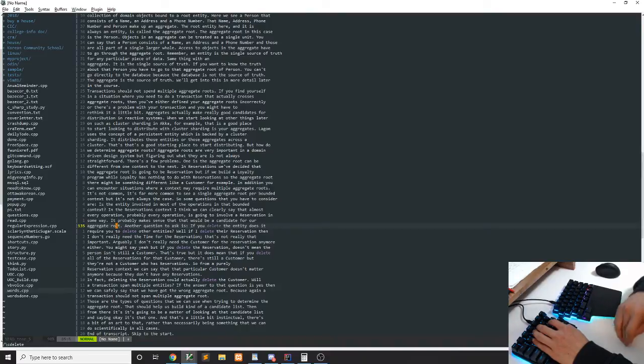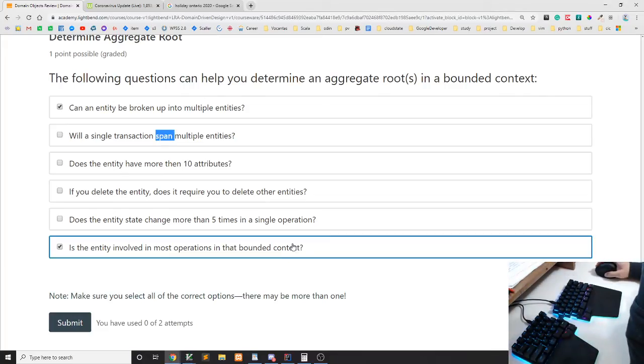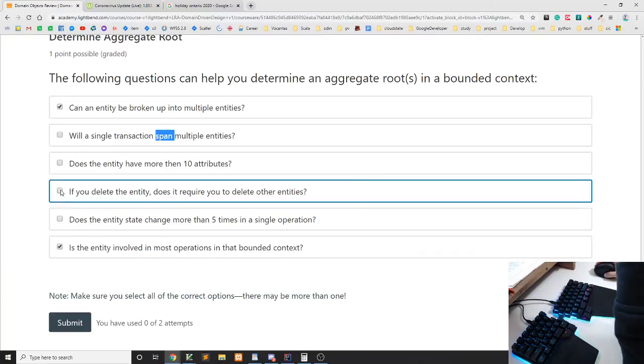In fact, deleting the reservation could actually delete the customer. Will a transaction span multiple entities? Yeah. If you delete the entity, does it require you to delete other entities?